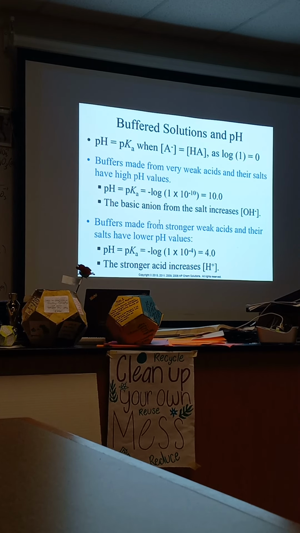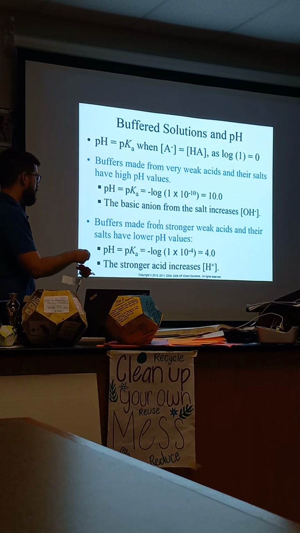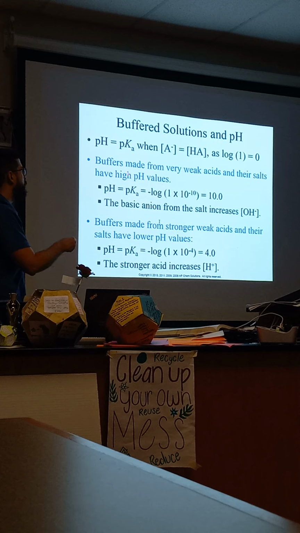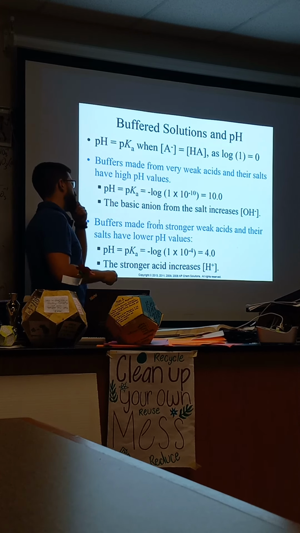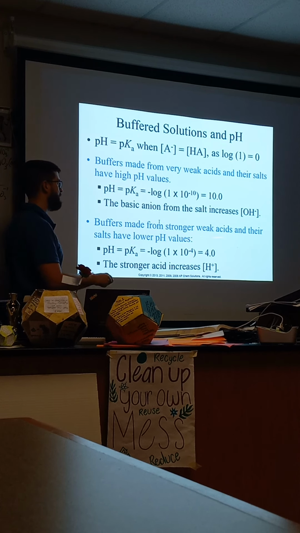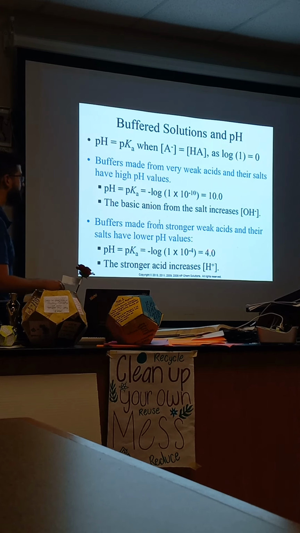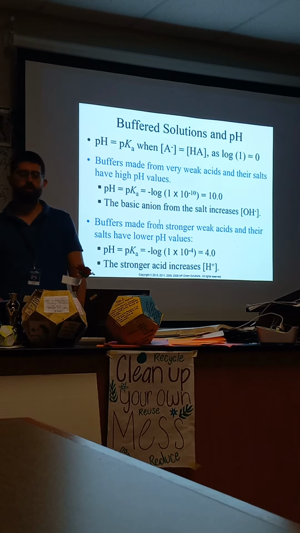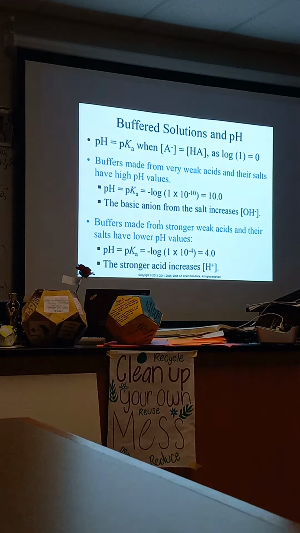Buffers made from very weak acids and their salts can have high pH values because they were very weak. So that's how you can get a buffer where the pH is around 10. Now, buffers made from stronger weak acids and their salts have lower pH values. So let's say you wanted something to stay at a pH of 4, then you would use a stronger weak acid and its salt, and you'd keep the pH around 4.0.